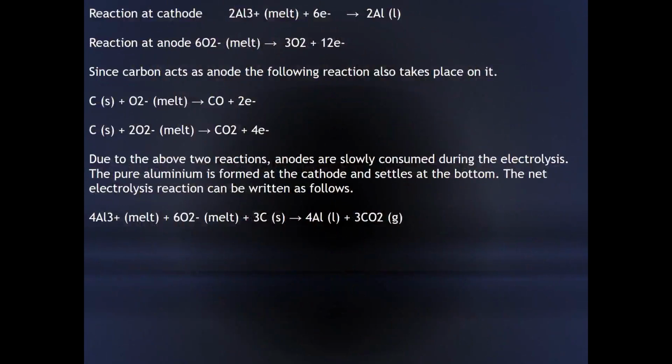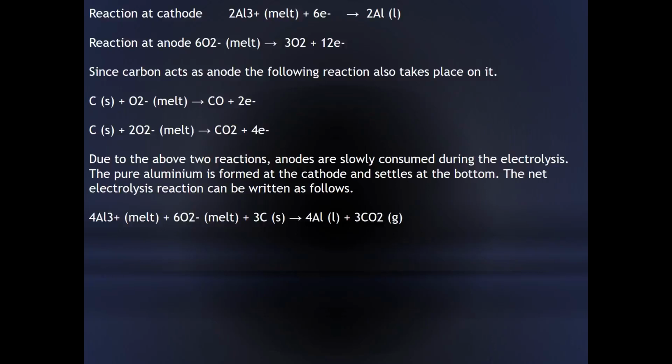See the reactions happening. Reaction at the cathode: 2Al2O3, in molten form, gives aluminium. Now at the anode, what is happening? The oxide gives 3O2 plus 12 electrons.